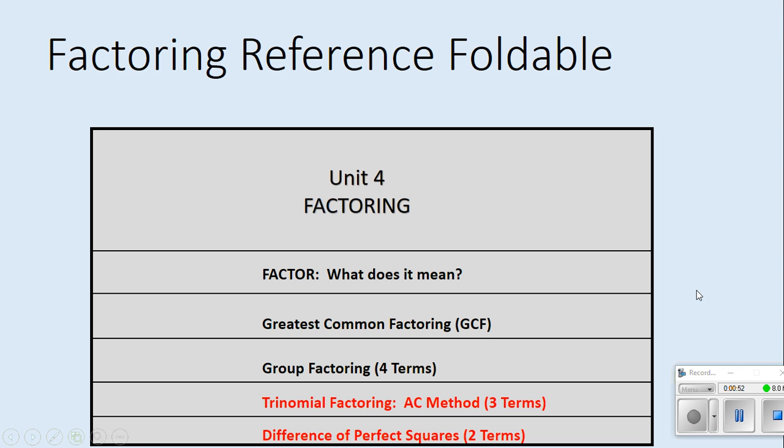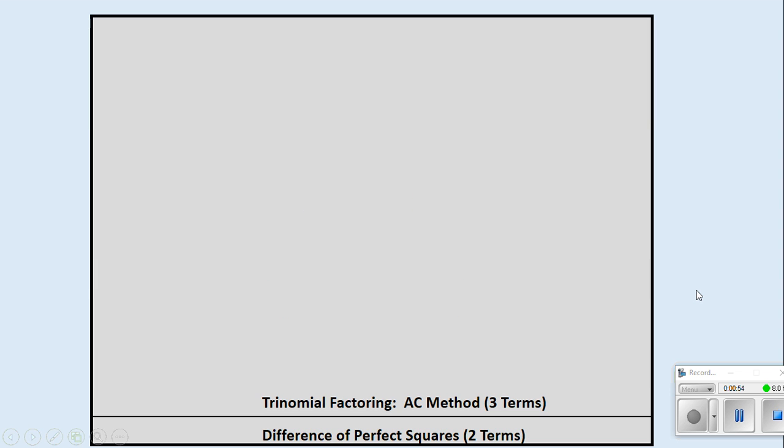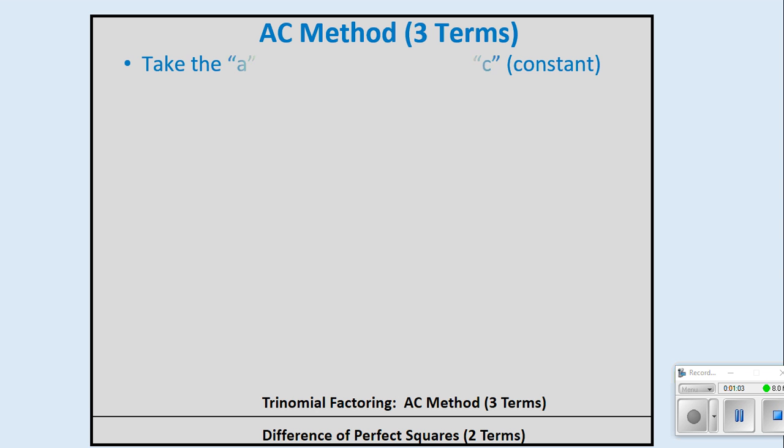All right, so we will get started. If you'd open up to the trinomial factoring, we will talk about the AC method in 3 terms. First we take A, which is the coefficient, and we multiply it by C, which is the constant. A is the coefficient, that's the number in front of the x squared, the leading coefficient, and C is the number that doesn't have a variable, that's a constant.